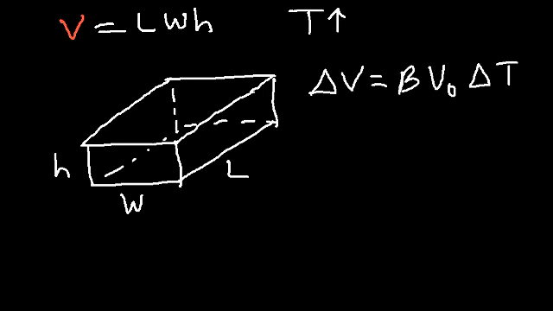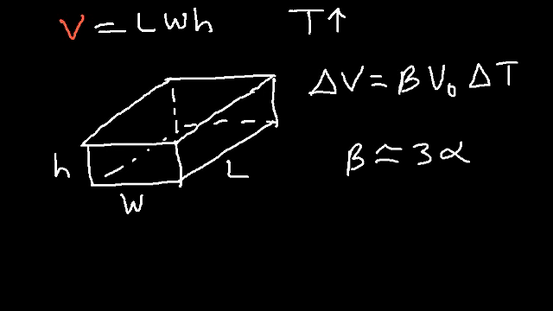Now, for most solids, beta is approximately 3 times alpha. If you go to the textbook, you could see that it's roughly the case. It may not be precise, but it's approximately 3 times alpha.